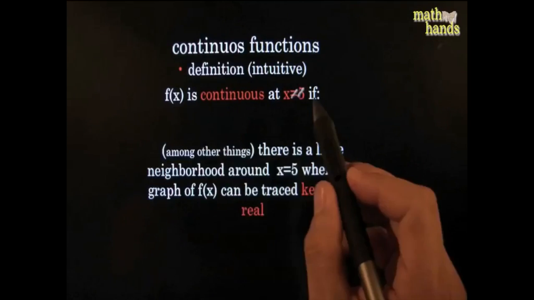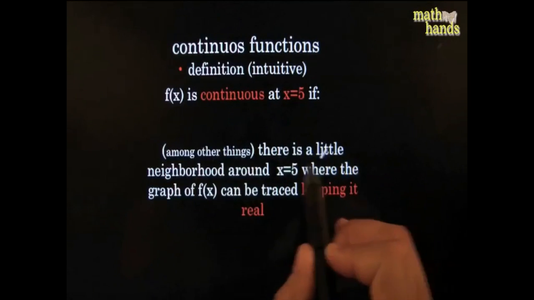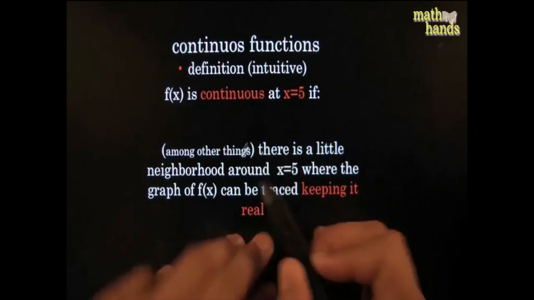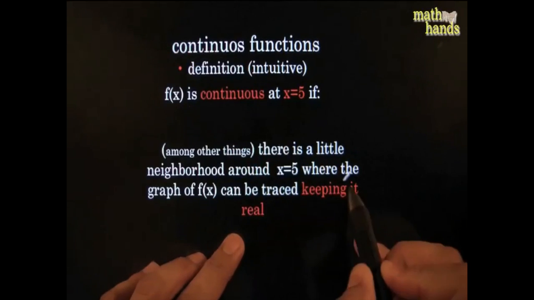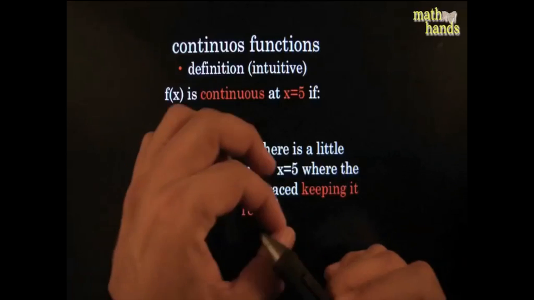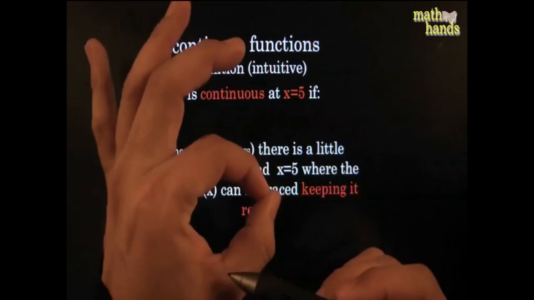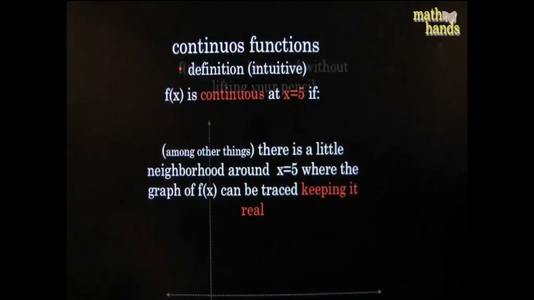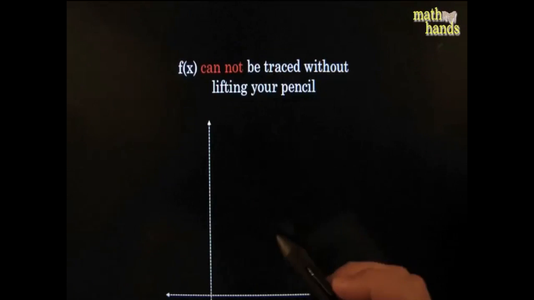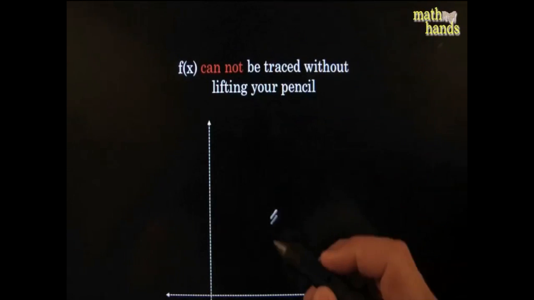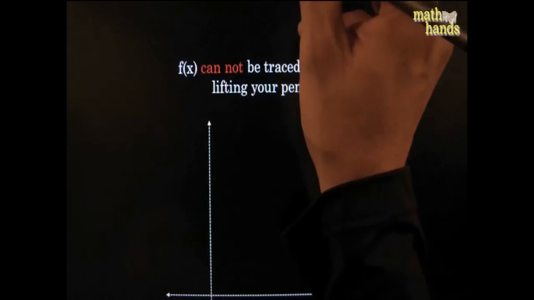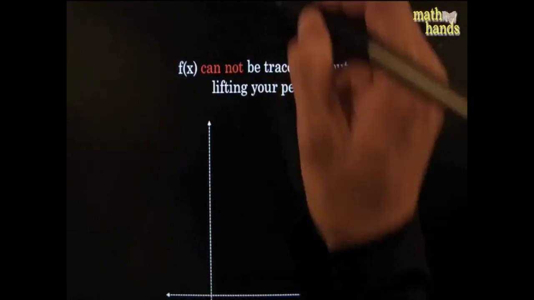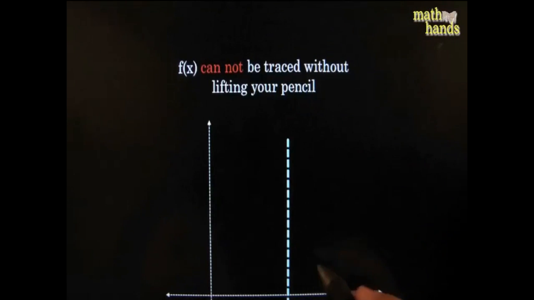If a function is to be continuous at 5, among other things, you should be able to make a little neighborhood around it and trace it and keep those numbers real. What exactly do I mean by that? Consider this example. Suppose you have an equation, and suppose that equation has a vertical asymptote at 5. This is x equals 5.